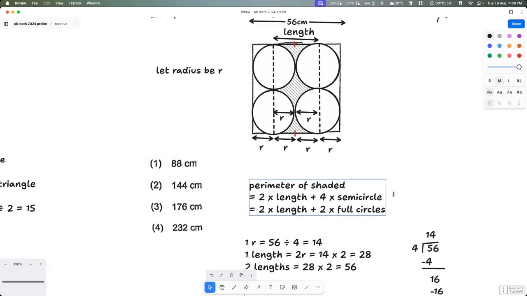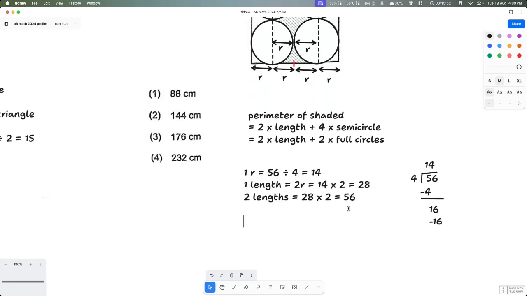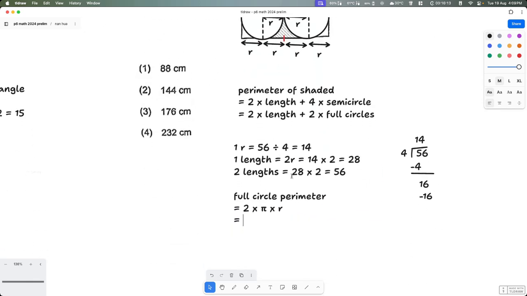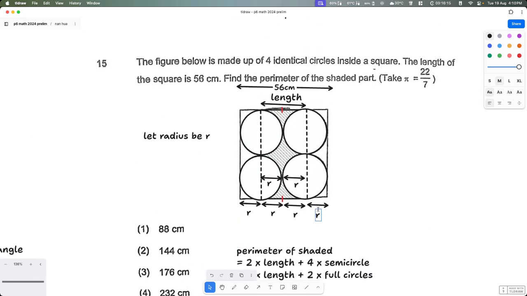Next, we want to get a full circle perimeter. The perimeter is equal to 2 times pi times r. We know r, the radius, and we know pi as well.